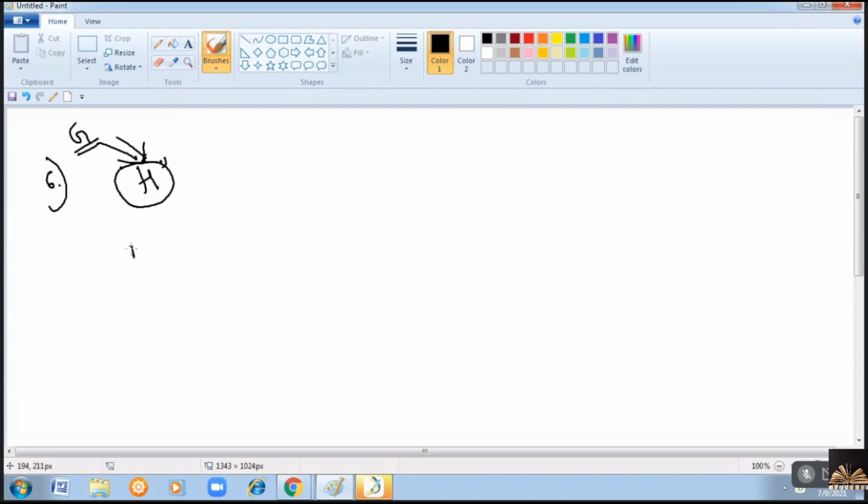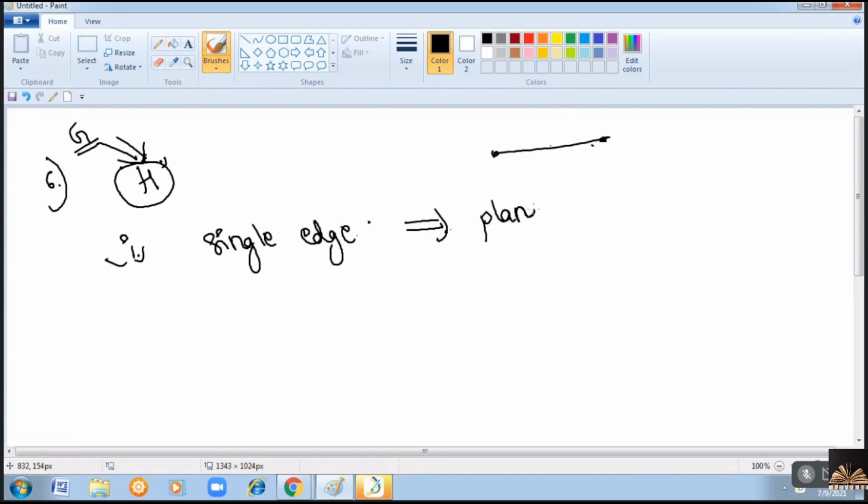Now you need to check whether the new graph obtained has a single edge. Single edge means there exists only one edge. There is no possibility for edge crossover. So if there is a graph with a single edge, it is obviously a planar graph.